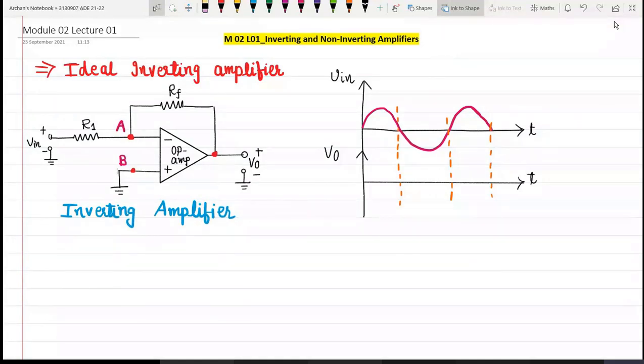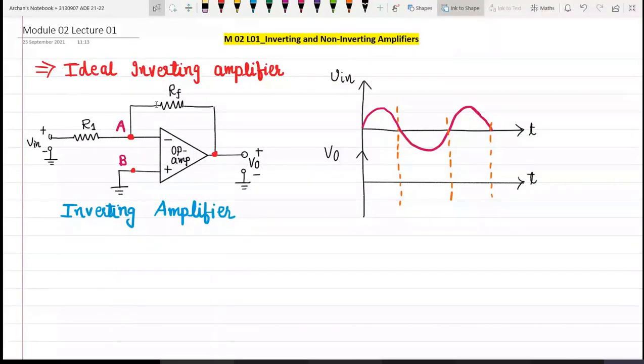Negative feedback is when we provide the feedback to the inverting terminal of the amplifier, and whenever we provide the feedback to the non-inverting terminal of the amplifier, it is called positive feedback. There are certain advantages offered by negative feedback, and this is the reason why we use negative feedback operational amplifiers. That gives us the linear applications of the amplifier.